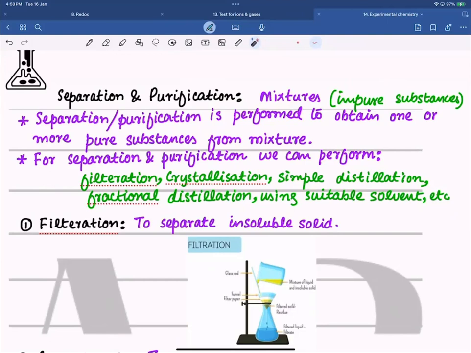When we heat the solution till evaporation, all the solvent evaporates and it needs a higher temperature. There is a risk that at higher temperature the solid that we need might decompose and break down into simpler substances. So we always avoid evaporation and instead do crystallization, because in crystallization we do not need a very high temperature.